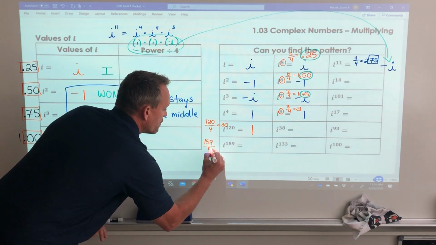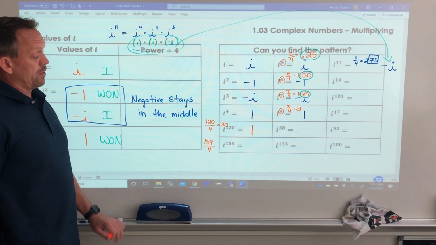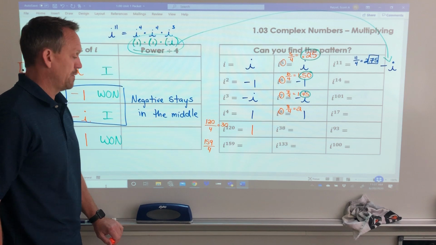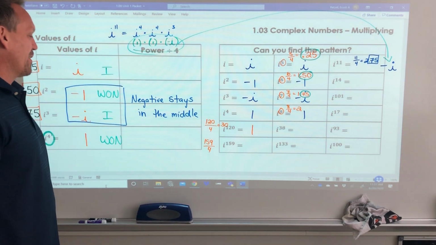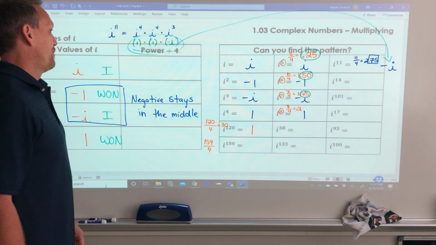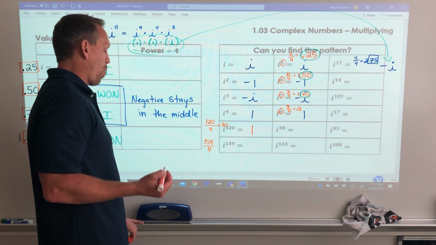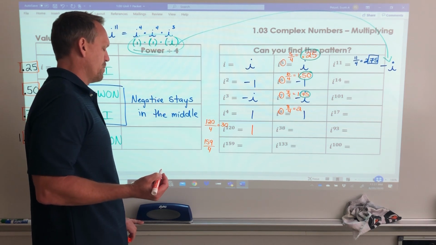159 divided by 4, I think that's 49? 59, 50, I don't know, hold on a minute. 10, 20, 30, 40, would be 39. That doesn't sound right. My brain is fried right now. 10, 20, 30, 40, is it 39?